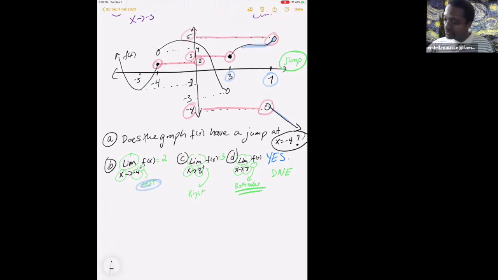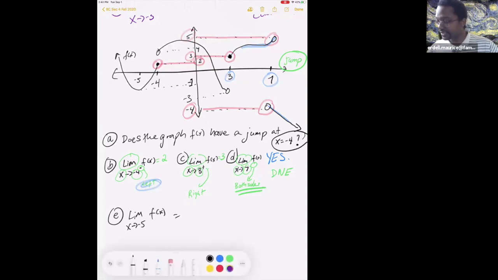So if I ask the limit as x approaches -5, well, notice there is no plus or minus on that -5, correct? So if I was on the left side of the graph, I can see the graph right here is going to get to the point -1. If on the other side, I'm on the right side of the graph, let's put the right side in green.